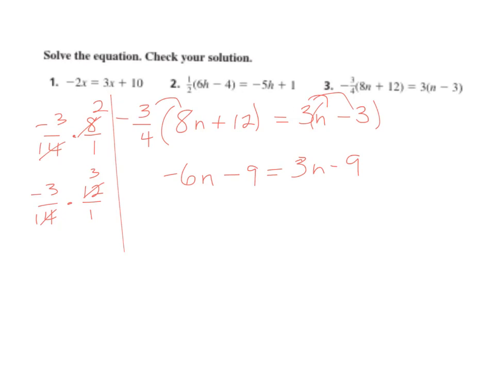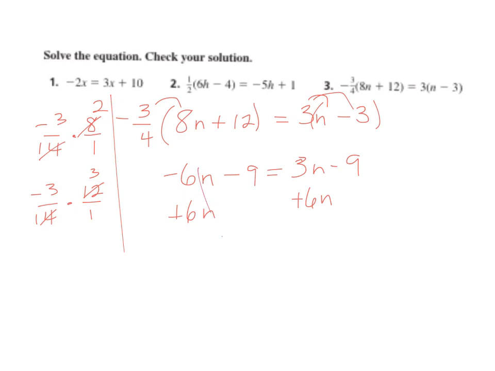So I could add 6n or I could minus 3n from either side, right? I could add 6n to both sides or I could minus 3n. What do we want to do? Let's add 6n. So I got plus 6n plus 6n.